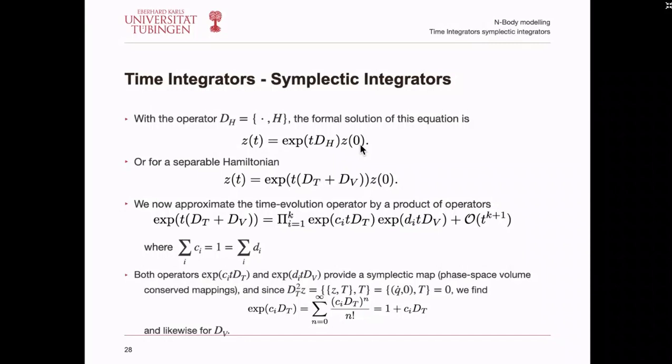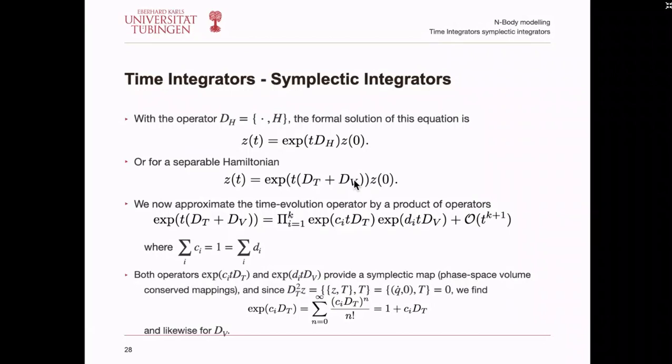Now we use that we wanted to have a separable Hamiltonian, so that we can separate the kinetic energy part and the potential energy part. This is how we do it. We again just write H as T plus V and introduce operators which are now the Poisson bracket for the kinetic energy and the Poisson bracket for the potential energy.